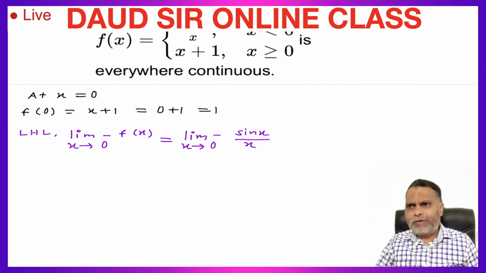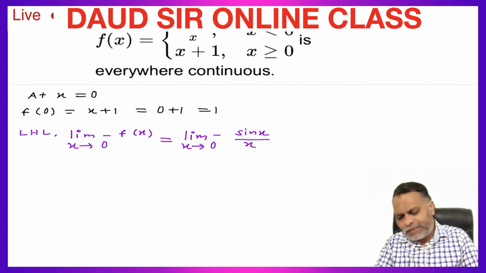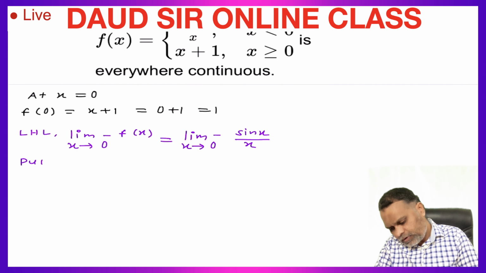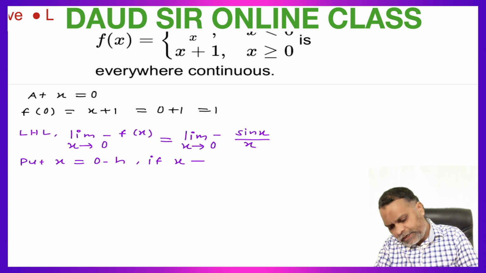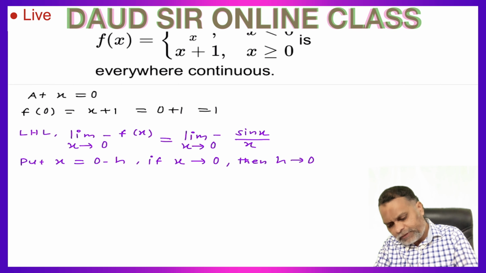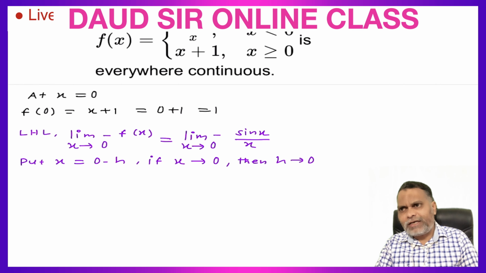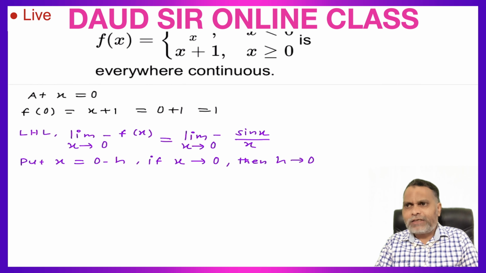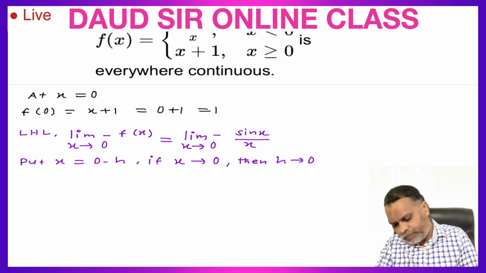For left hand limit we have to substitute x is equal to a minus h, here a is equal to 0. So put x is equal to 0 minus h. Change tends to: if x tends to 0 then h tends to 0. How? Substitute this 0 minus h here, 0 minus h tends to 0, that is minus h tends to 0, that is h tends to 0.